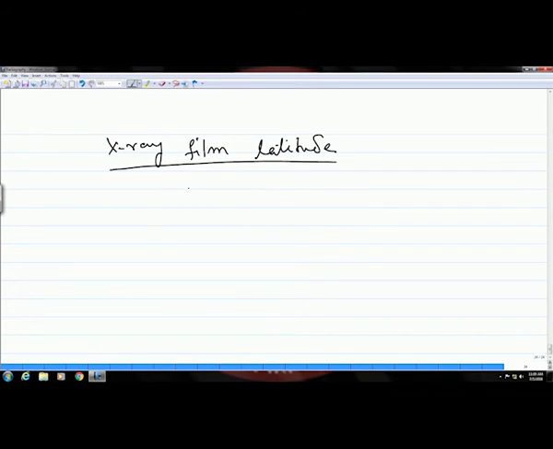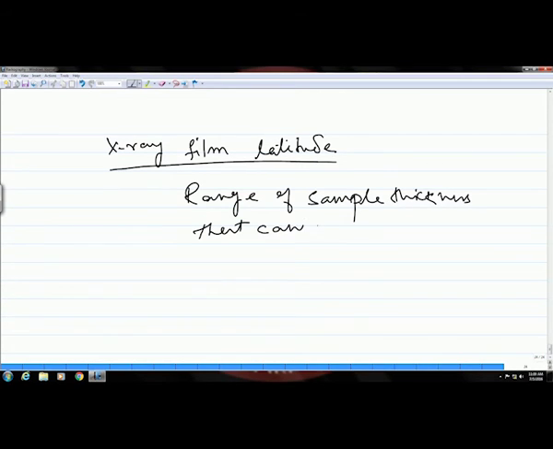And this is defined as the range of sample thickness that can be recorded with a single exposure.